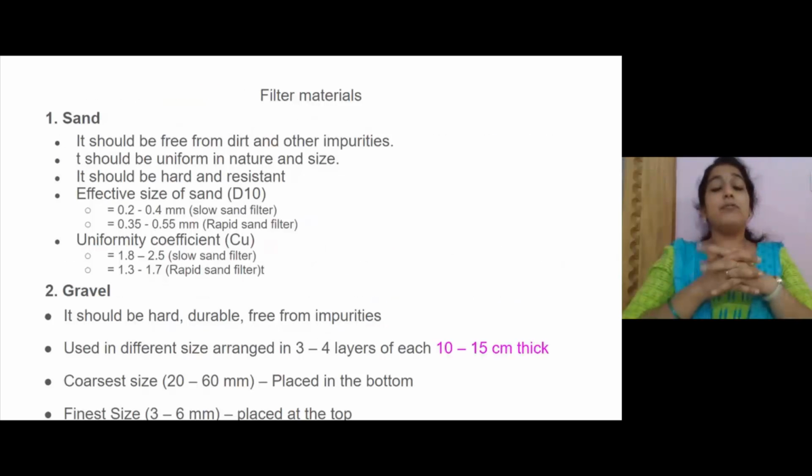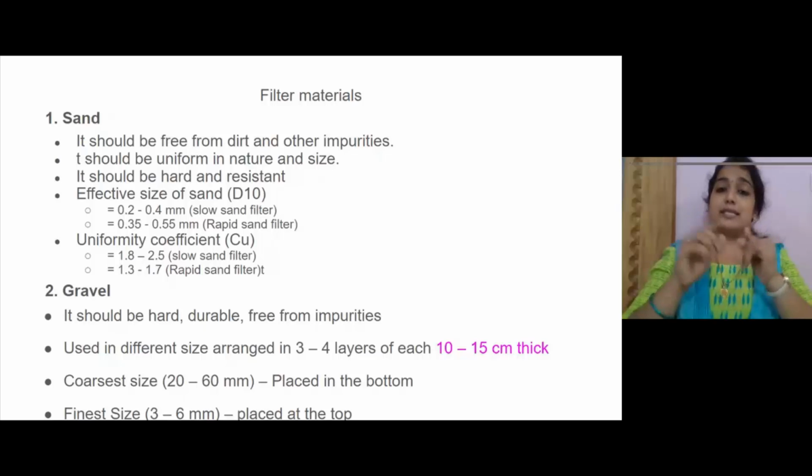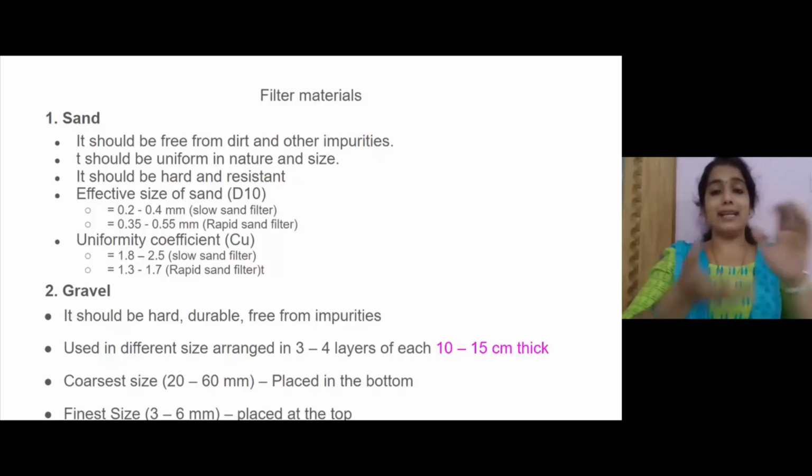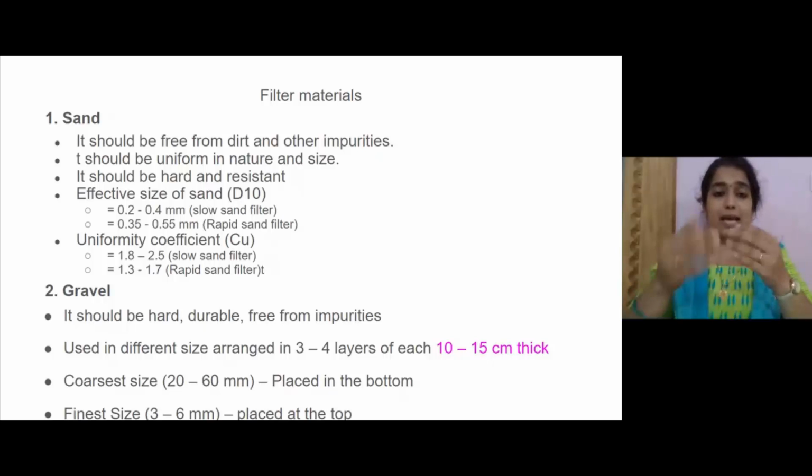Then, the filter materials used in filtration tanks are sand, which is the actual filter media, and gravel, which is used for supporting this sand layer. The qualities of sand: it should be free from dirt and other impurities. It should be uniform in nature and size. It should be hard and resistant.